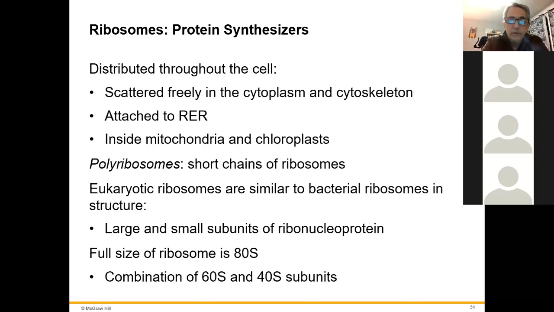Multiple ribosomes hooked to a messenger RNA are called polyribosomes. Eukaryotic ribosomes are similar to bacterial ribosomes in their structure. There's both a large and a small subunit. In eukaryotes, that's referred to as an 80S, made up of a 60S and 40S subunit.